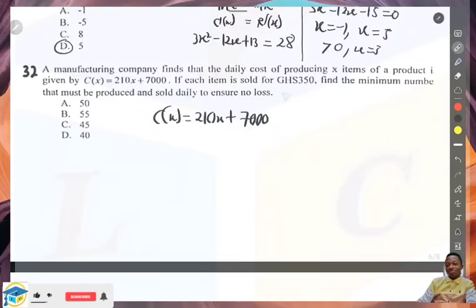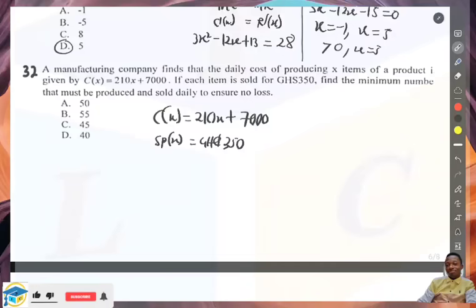If each item is sold for, so we have the selling price, given as 350, we are asked to find the minimum number that must be produced and sold daily to ensure no loss. So here we are thinking about the level at which we can break even.